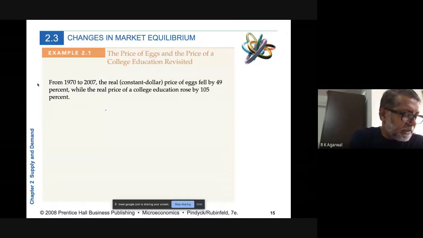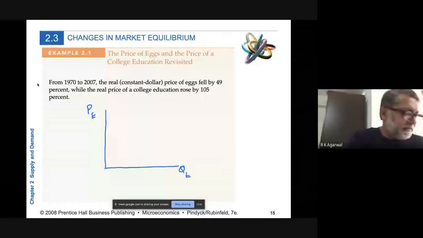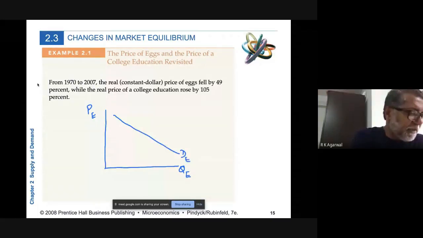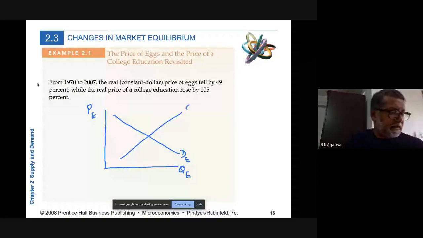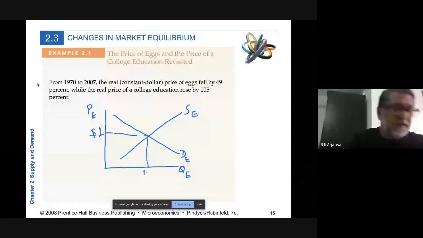Here you have prices of eggs, and here you have quantity of eggs. This is the original demand curve for egg, and this is the original supply curve for eggs. Price was, let us say, $1, and the quantity, say, 10 million units of eggs.